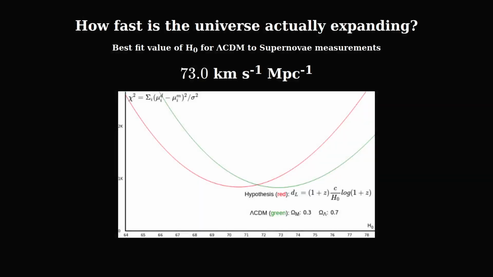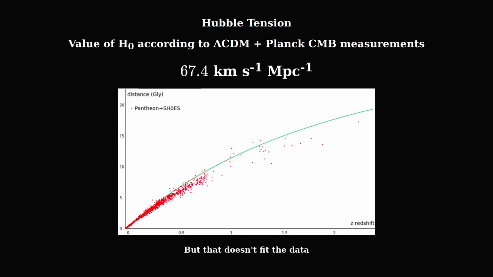Basically, you're trying to figure out how fast the universe is actually expanding, and as we see, the supernova data for lambda CDM suggests a value of 73.0 kilometers per second per megaparsec. The problem is that the Planck CMB measurements with lambda CDM give us 67.4, and that's just not a good fit for the data.